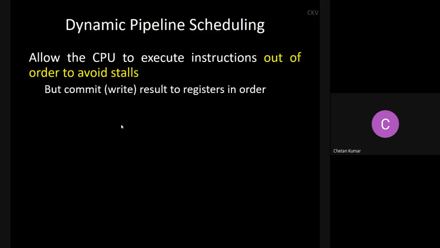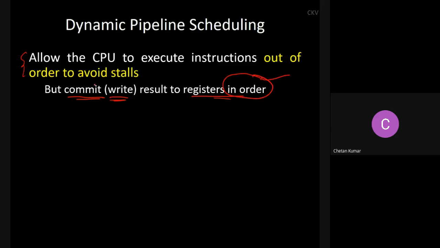But it has to make sure that the writes to the register happen in order, because of some issues. You have some issues with respect to exceptions, and some issues with respect to branches. So in those cases, you have to make sure that the writes always happen in order. That is why the execution might happen out of order, but there is a commit, where you actually write the result into a register, and that will always happen in order.